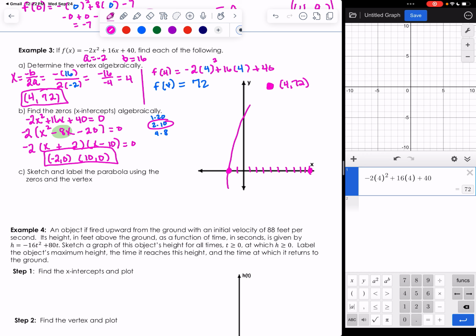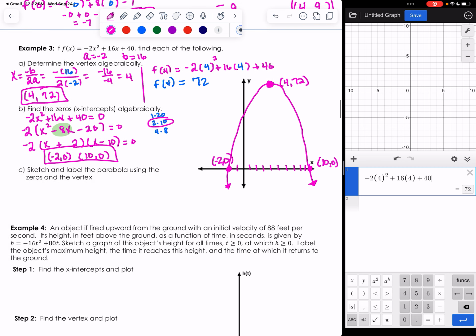Now, I'm going to do this as neatly as I can. It's kind of hard on my iPad, but it's going to look like this, a U-shaped graph when you're done. So 4, 72. Maybe I should label here these intercepts so you can see how we use them to create that sketch. Okay.